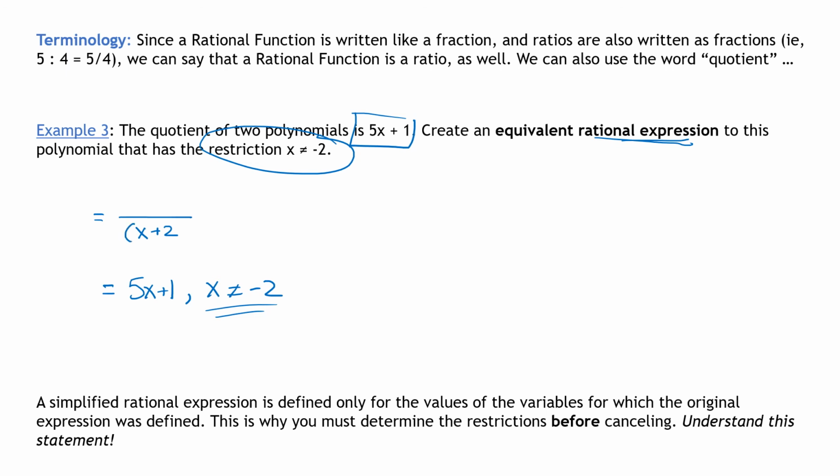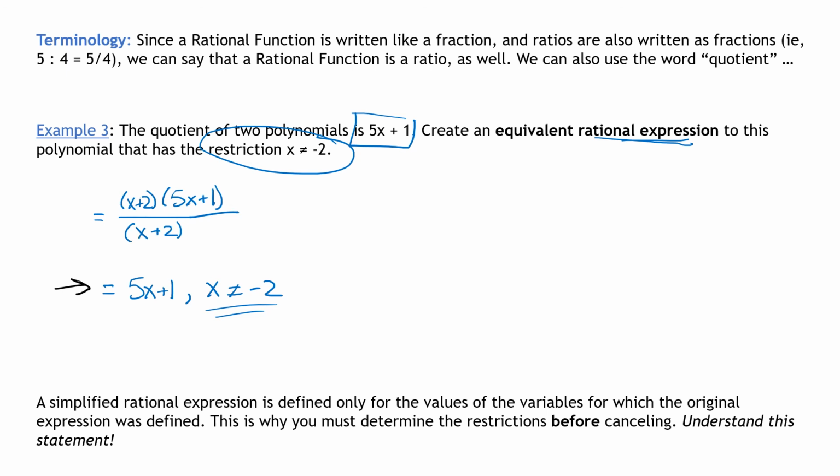So I'm going to have an exactly matching binomial in the numerator because they would have canceled out there and there to get to this answer right here, which leaves us with the only thing that can be left in the numerator, which must be the 5x plus 1. So that is an equivalent expression.